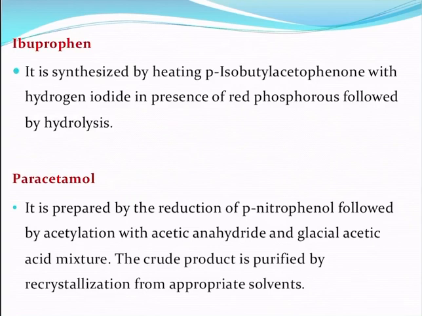And next is paracetamol. Paracetamol is prepared by the reduction of para-nitrophenol followed by acetylation with acetic anhydride and glacial acetic acid mixture. The crude product obtained is purified by recrystallization from appropriate solvents.